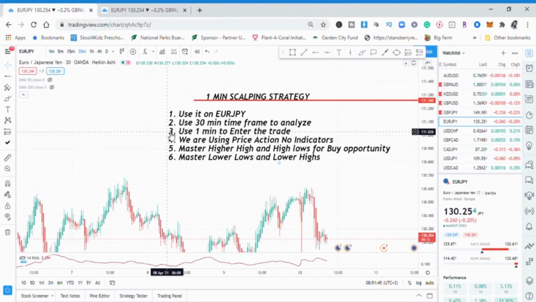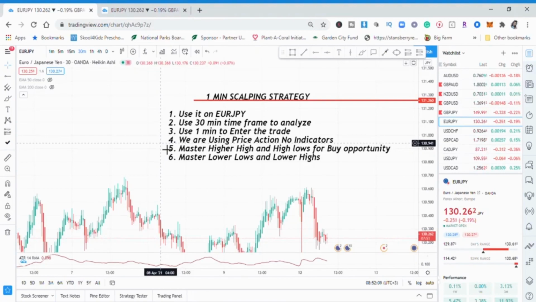And then number 4, we are using price action, no indicators. In this strategy, we don't have any indicators, we don't have any moving average. We are just using price action, and I will show you in a moment. Number 5, you need to master high highs and high lows for buy opportunities.